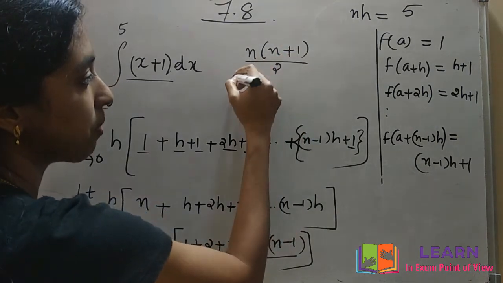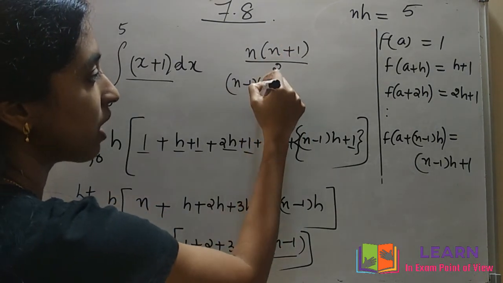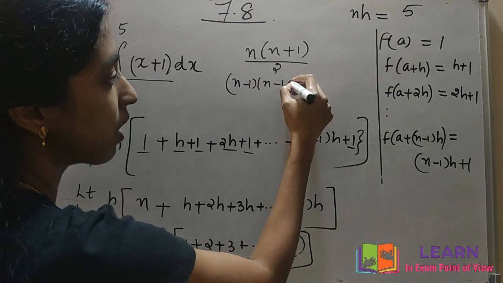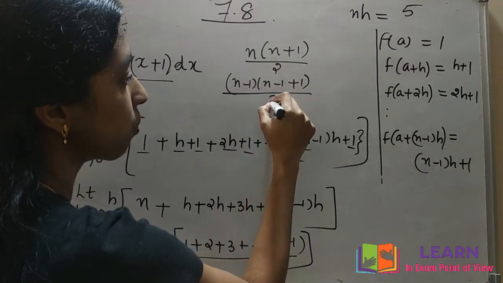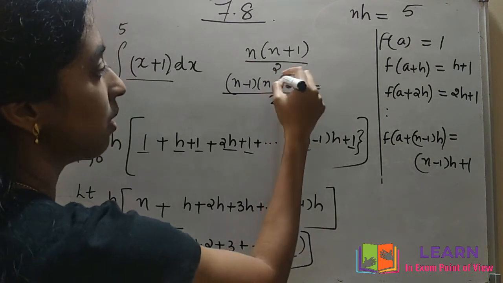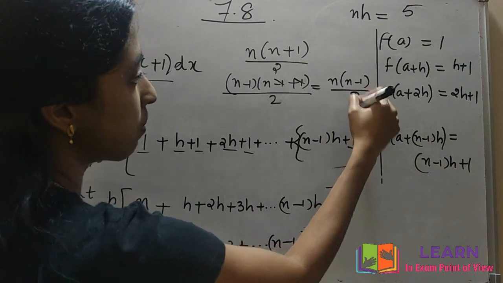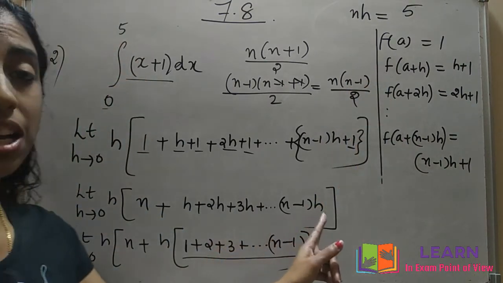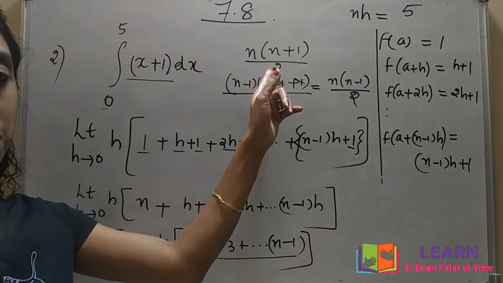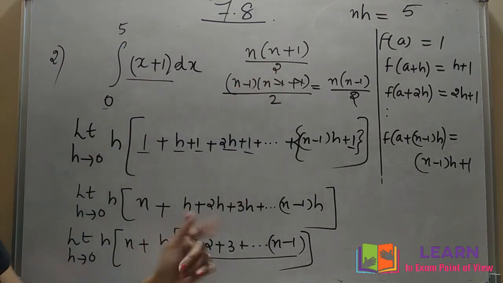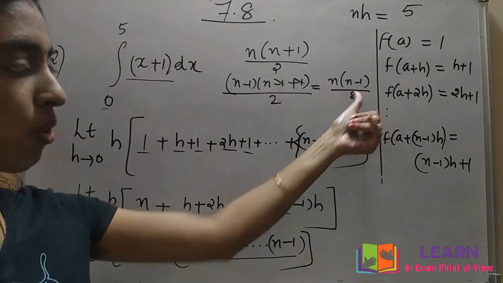Right. So for n minus 1, in the place of n just substitute n minus 1. That is n minus 1 into n minus 1 plus 1 by 2. What you will get? Plus 1 minus 1, that is n into n minus 1 by 2 will be the formula for n minus 1 terms. This is for n terms; in the place of n, substitute n minus 1.